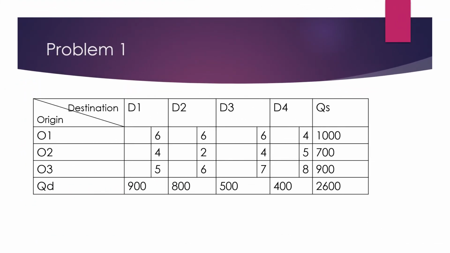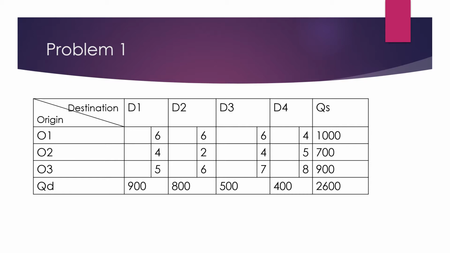Let's go in depth with this transportation problem. Here we have four destinations D1, D2, D3, D4, and D1 has the demand of 900, D2 has 800, D3 has 500 and D4 has 400. Altogether the total demand is equal to 2600.